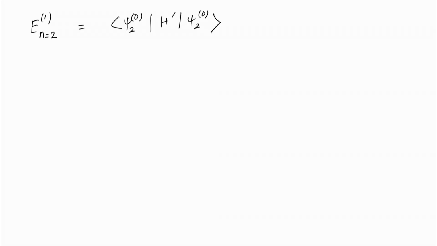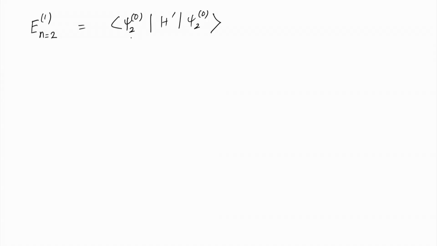The information that it is a first order correction comes in the superscript inside the bracket 1, and because it pertains to n equal to 2, that is written in the subscript. This is the formula: the matrix element of H prime has to be evaluated between these unperturbed wave functions, the first excited state wave function.